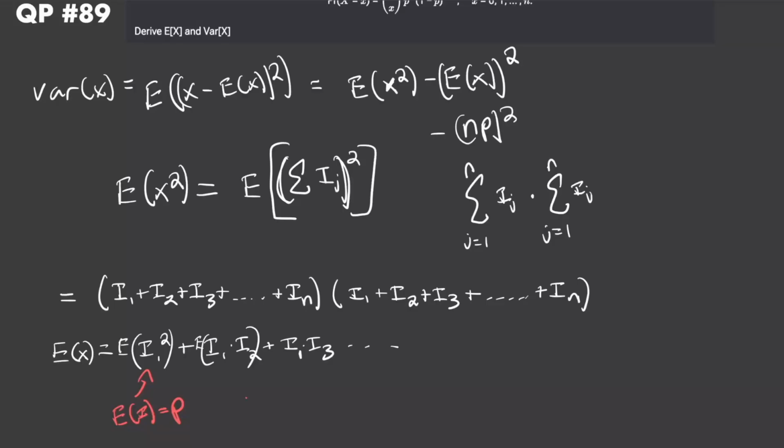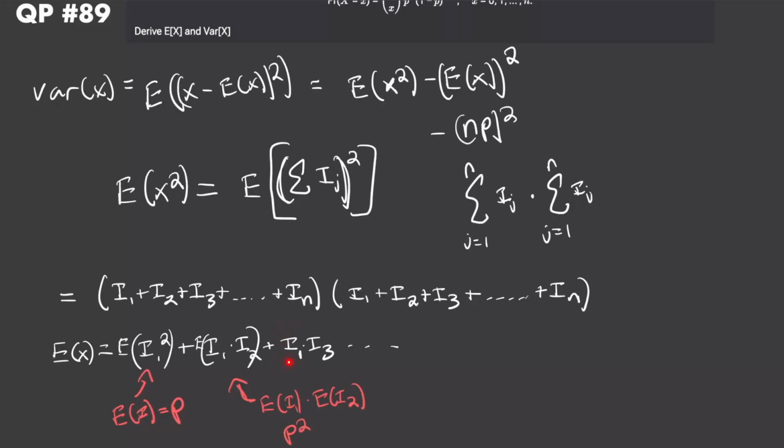Now instead, for this term over here, the expected value of I1 times I2, these two trials are different now, and they're independent, we know. So the expected value of two terms, when you multiply them and they're independent, is just going to be the expected value of I1 times the expected value of I2. The expected value of any indicator is p, so we're going to get p squared.